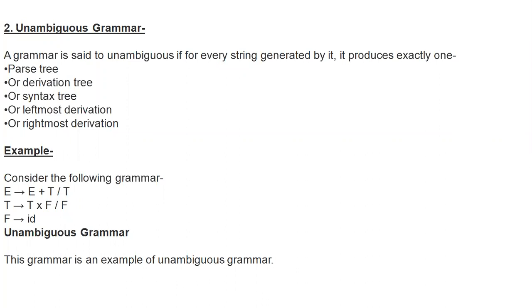We are introducing new variables, placing the new variable in the already existing variable and defining the rule for that new variable. That's what we are doing by eliminating the ambiguity.